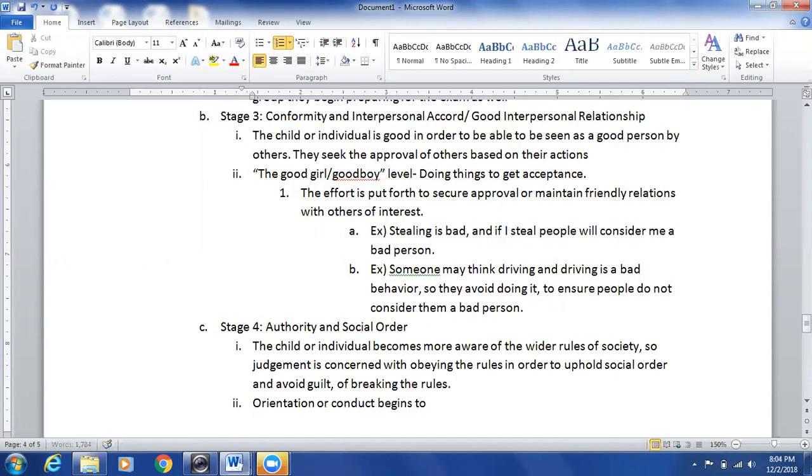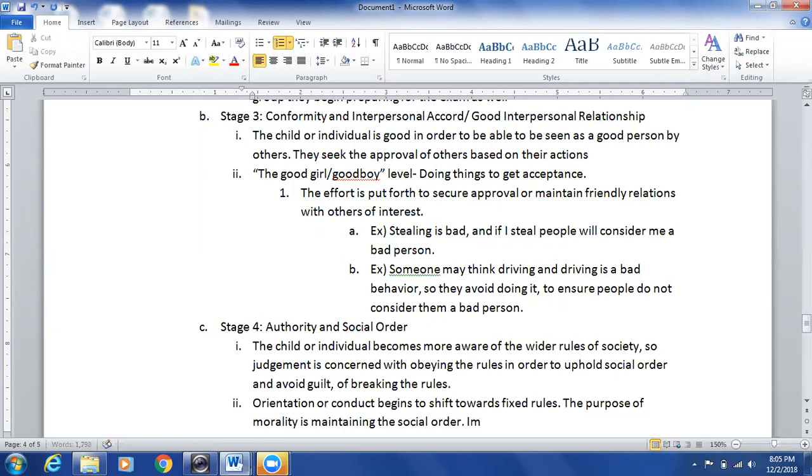So someone's orientation or conduct begins to shift towards fixed rules. So the purpose of morality, not mortality, morality, is maintaining the social order.